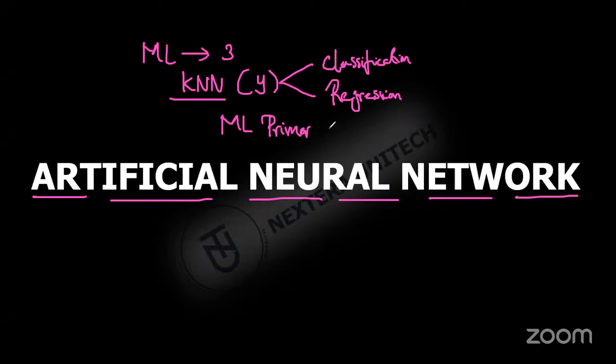As part of the ML primer, the flow that we discussed is that we initially split the data into two parts, train and test. Using the train data, we build the model. After getting trained, we use it on the test data and get the predictions.